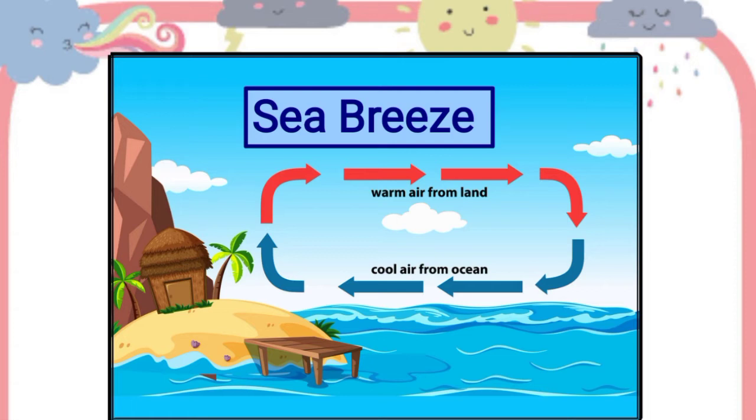During the day, land gets heated up, which in turn heats the air above it, and the hot air rises up from the land, and the cool air from the sea flows in to take its place. This is known as sea breeze.